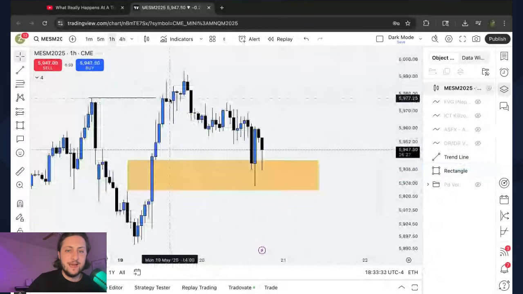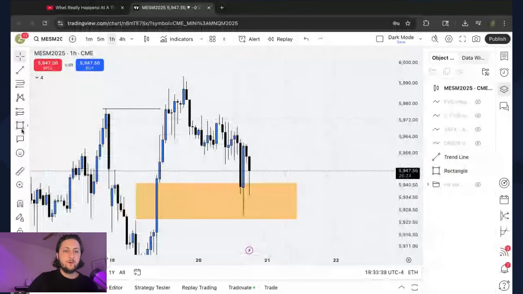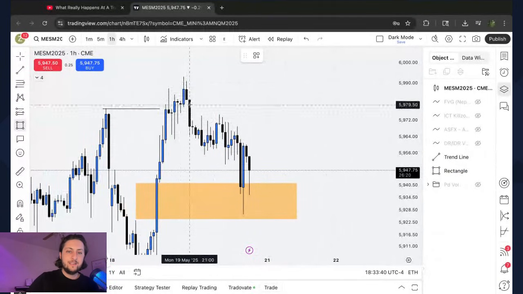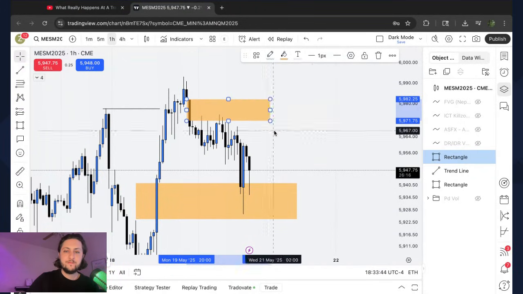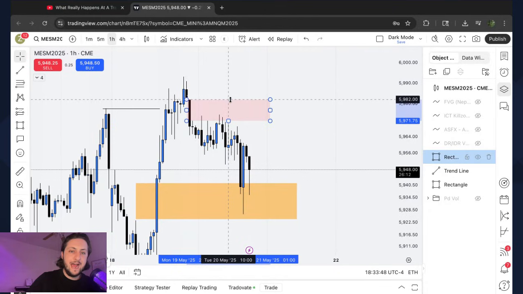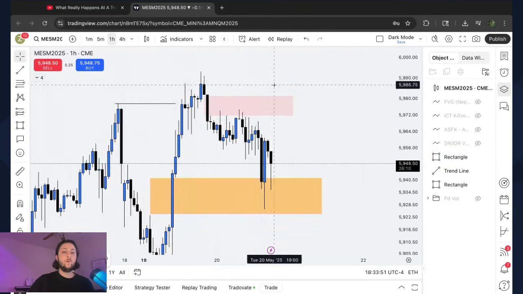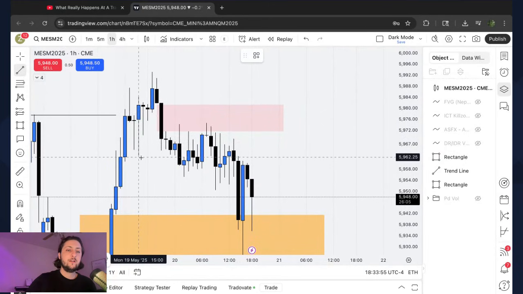Now let's go back down to the lower time frames. Number two, what do we have right here? When we made this low, we created a 1-hour fair value gap right there. This was going to be my line in the sand from an hourly time frame perspective, but what else? We also had a 1-hour market structure shift right here.